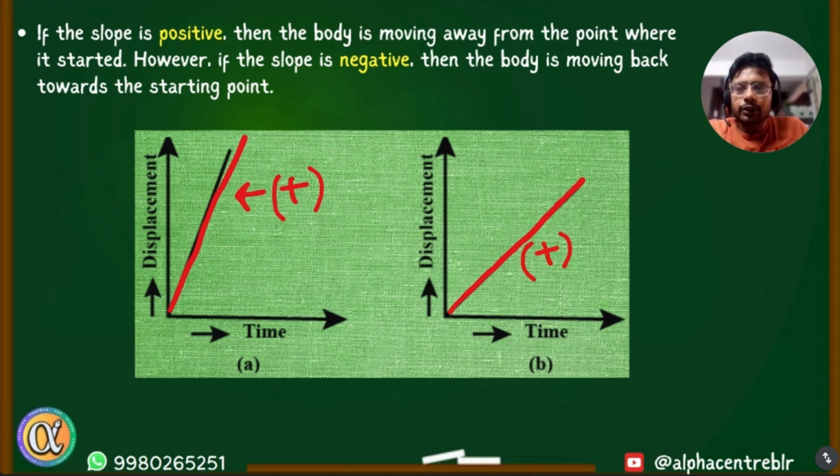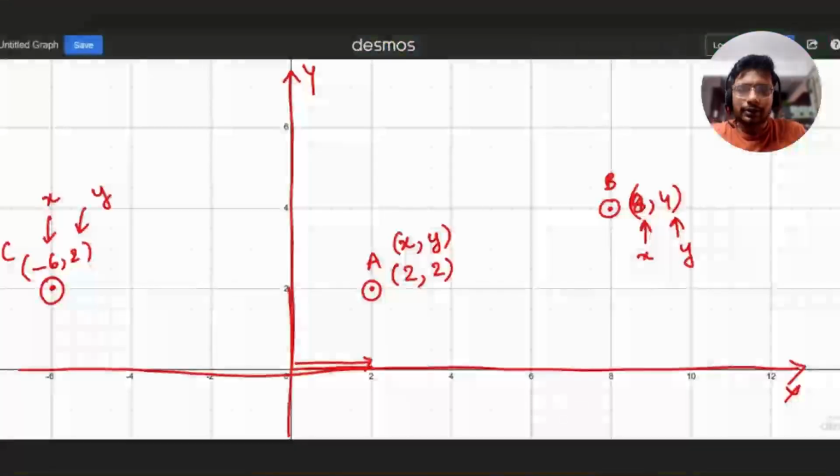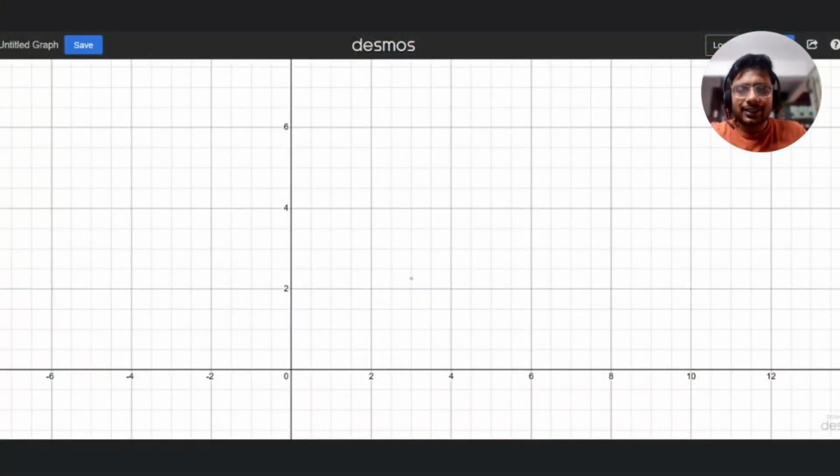So if the slope is positive, the body is moving away from the point where it started. Now see, in this graph paper, they are using the x-axis to represent time and the y-axis to represent the displacement of the object, meaning how much it is going forward, backward, and so on. What is time for this point?